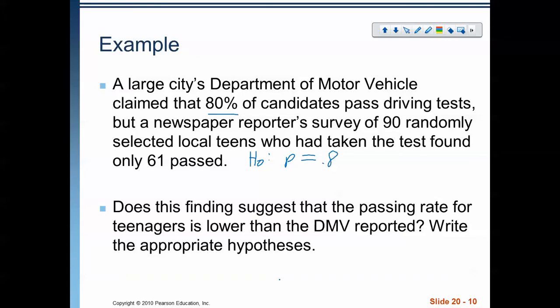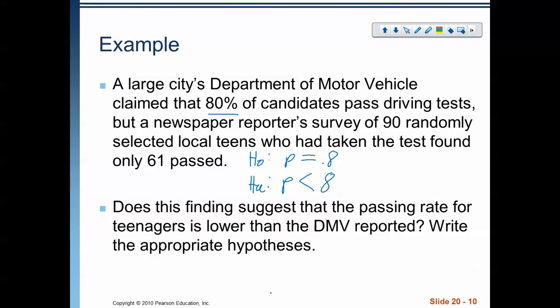So my null hypothesis is that the proportion of teens who pass the test is 80%. Okay, but now this reporter says that only 61 of the 90 passed, and that's smaller than 80%. So we're making the claim here that the parameter, the proportion, is actually smaller than 0.8.